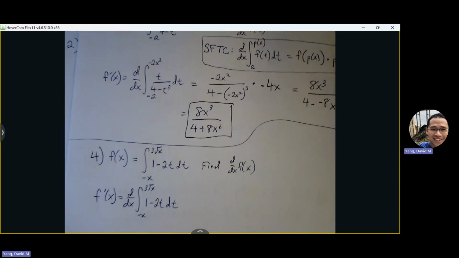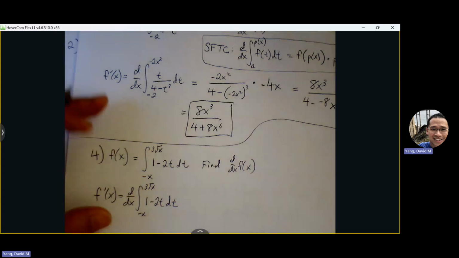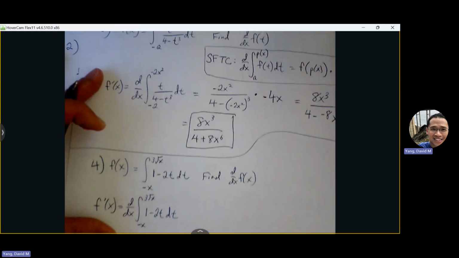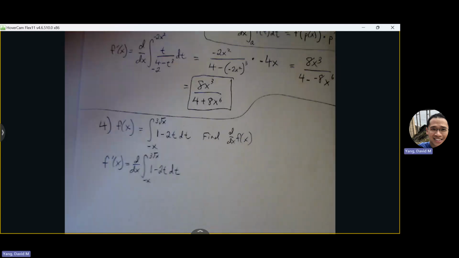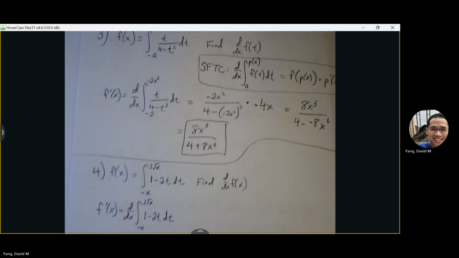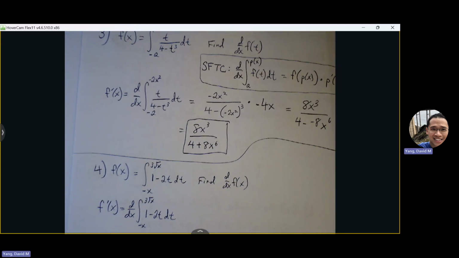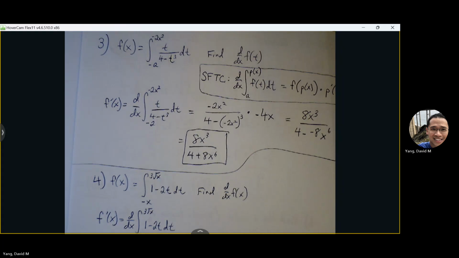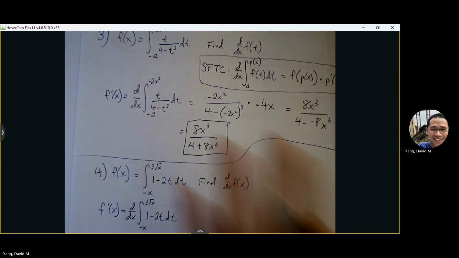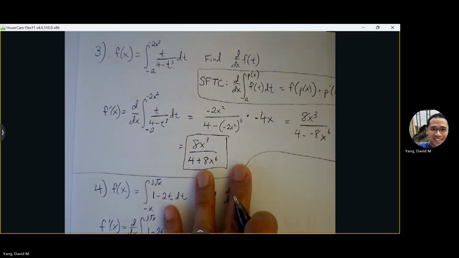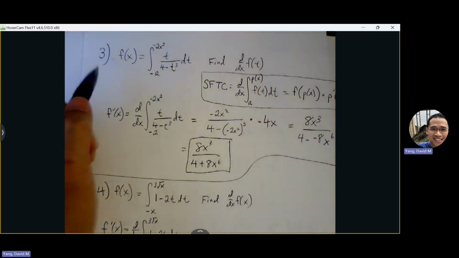Now, what's different about this function versus the previous one? What big difference do you see? Anything stand out about how these are a little different from each other? Yeah, the bounds.